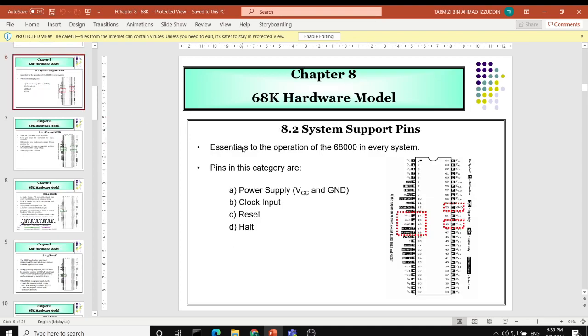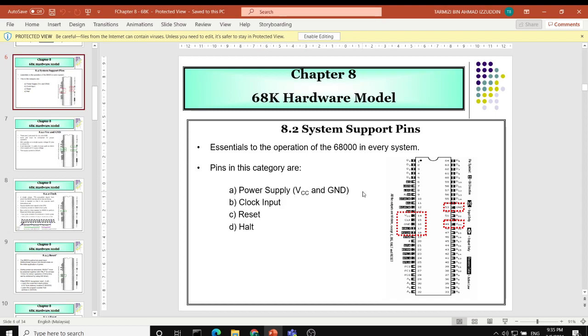Next, we're going to look in detail at the pins that I've described. System support pins, as I mentioned, are the pins that are essential to the operation of the 68K. These are the most crucial pins in the 68K.